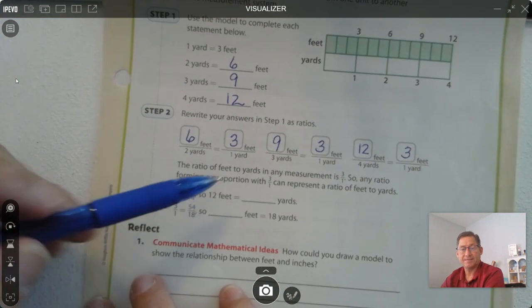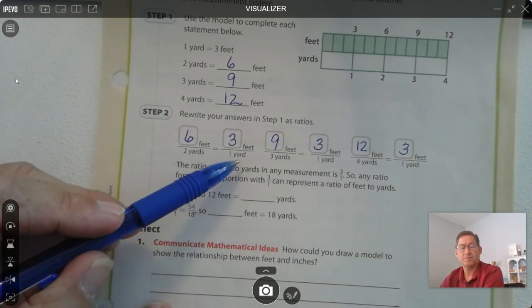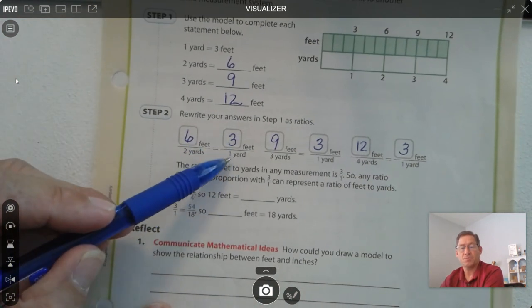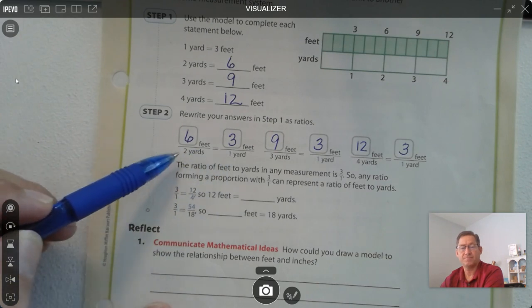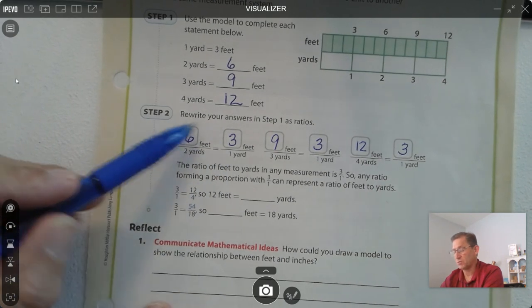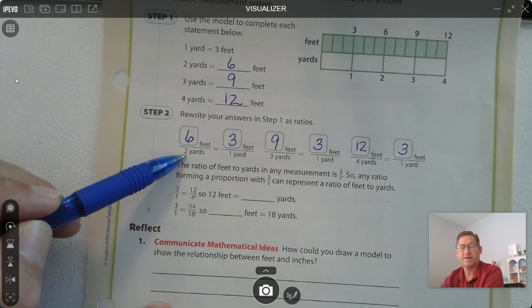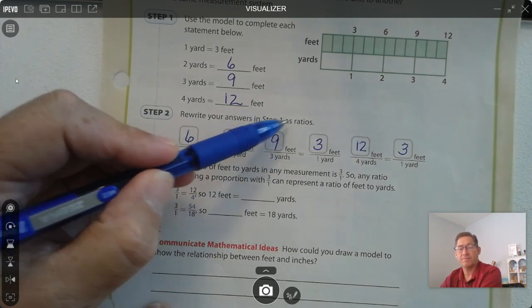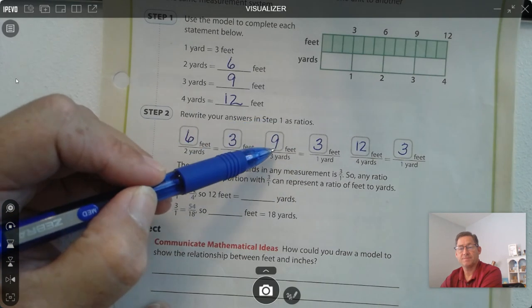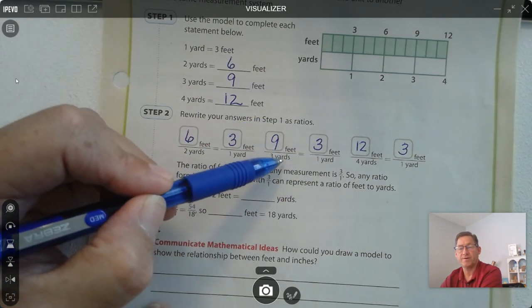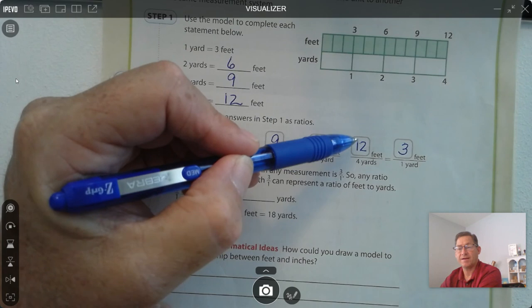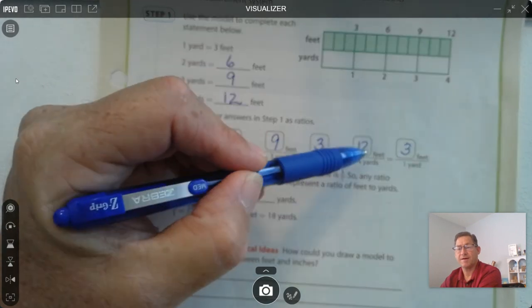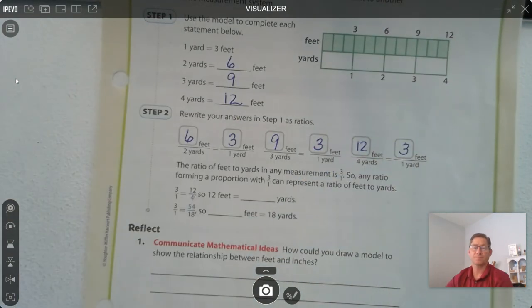So if we look at this, how do you go from 3 feet per yard to 6 feet per 2 yards? Well, didn't we just multiply by 2, right? Or we could say we divided by a factor of 2. Here we divide by a factor of 3 on both the numerator and denominator. And we do the same thing here, except we're dividing by 4. Okay, so the ratio of feet to yards in any measurement is 3 to 1.